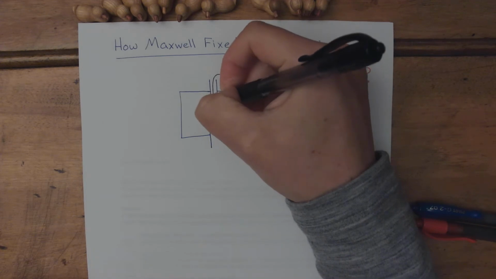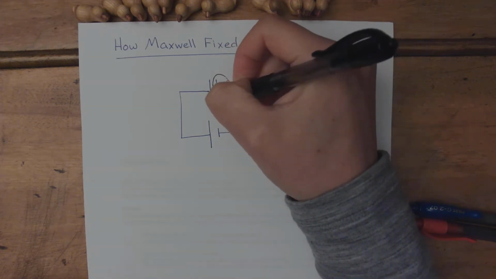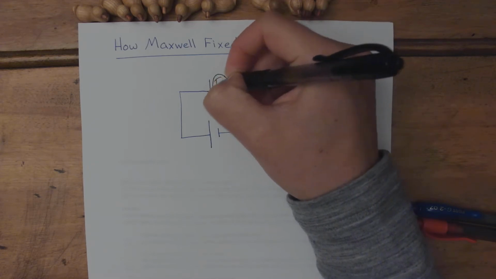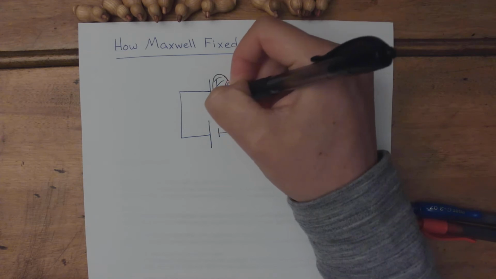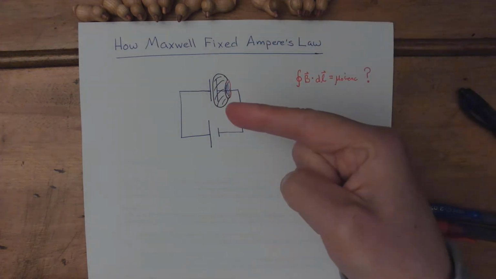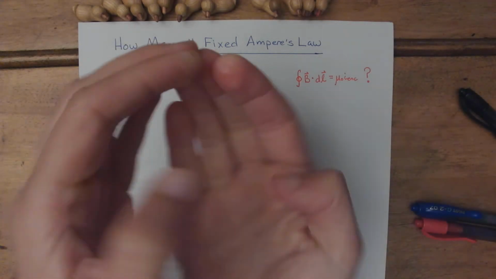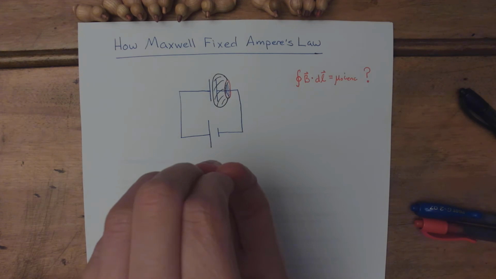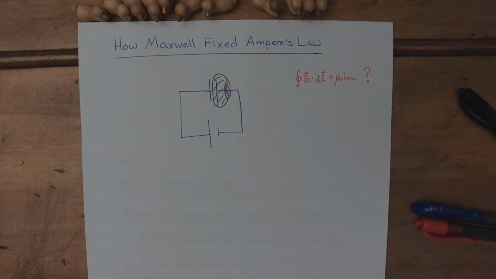You can think of this as blowing a bubble, and the edge of the bubble is here on the Amperian loop. But we're making a surface like this. So you have your wire like this, and you have a surface like this. The edge of the surface is where the red circle is. But the wire does not penetrate that black surface.